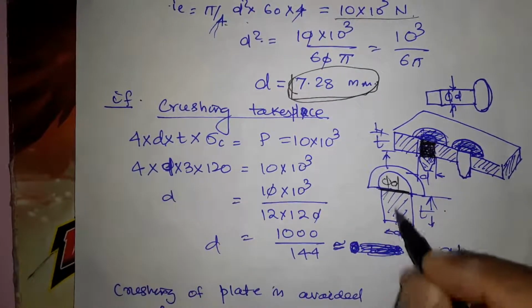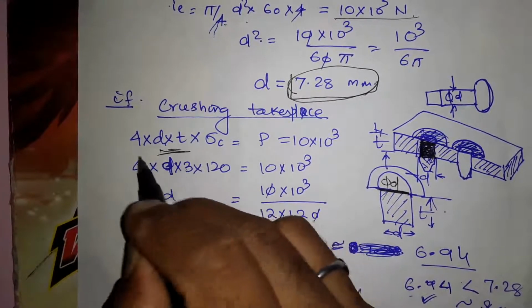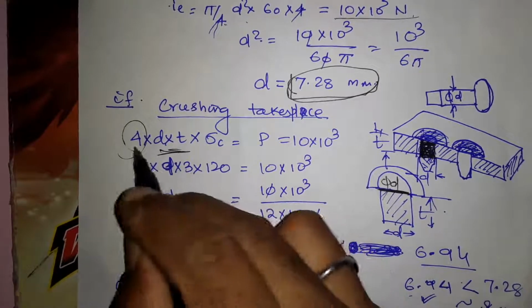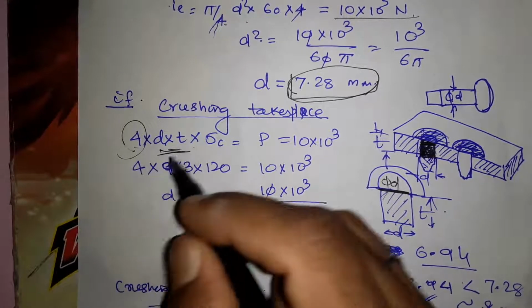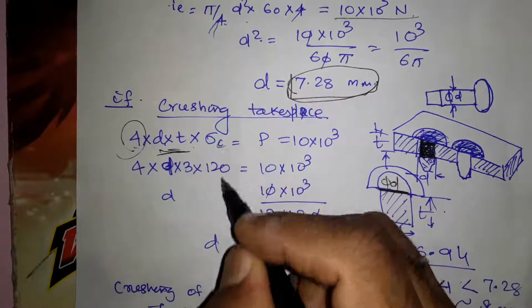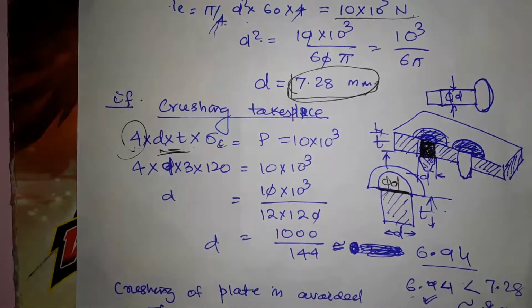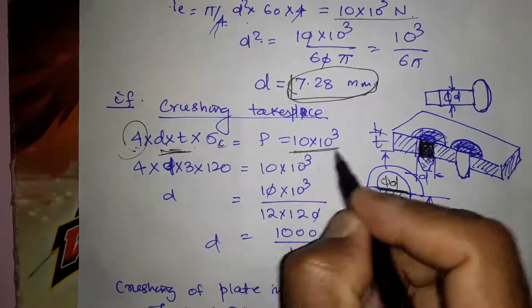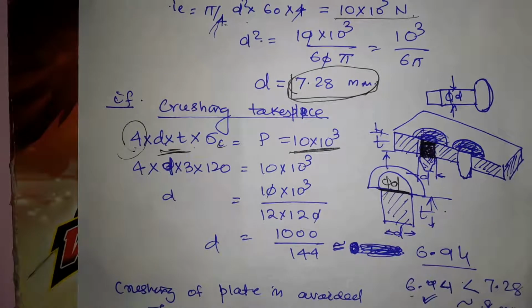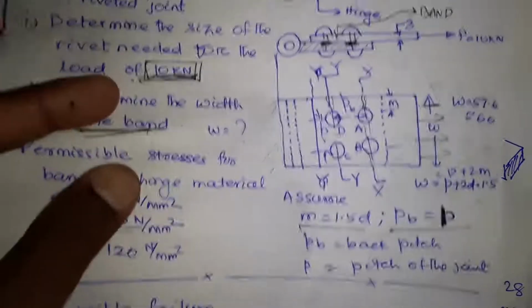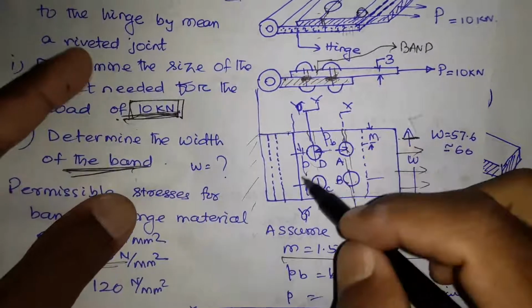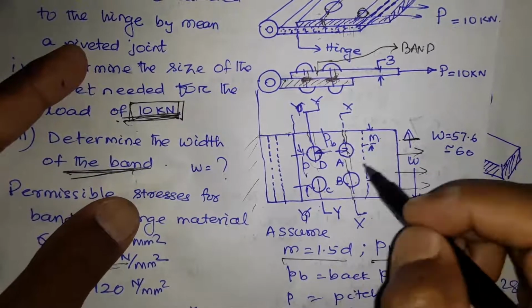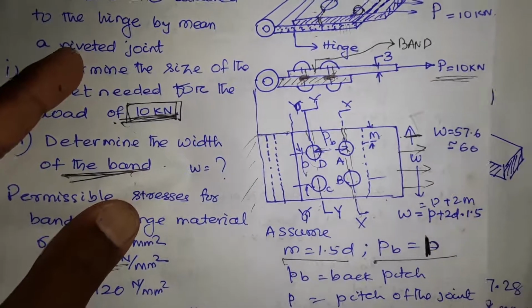So d into t will be for one rivet, and there are 4 rivets. So 4 into d into t is the crushing area, and sigma c is the crushing resistance of the rivet material. So the crushing resistance should be equal to 10 into 10 to the 3 Newton, which is the load. So we consider all 4 rivets crush, and it will take care.